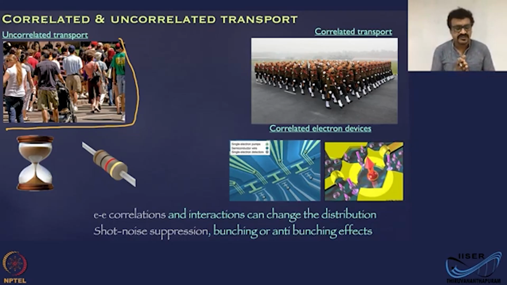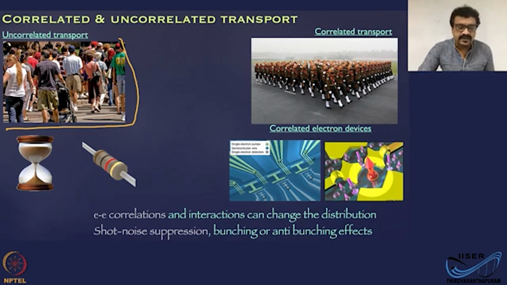And what you would see is there is no correlation between the people crossing the road or walking. What that means is there is an average number and there is a distribution to it. And there is nothing interesting. It will be a symmetric distribution.